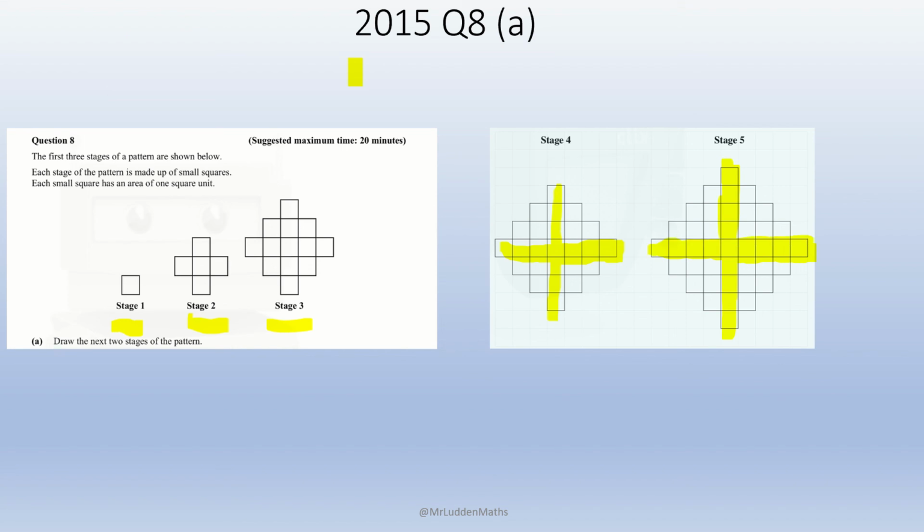Just be careful, because you're going up in steps here, you're going up in steps here, and I know it doesn't look good, but you're going up in steps in stage 1 as well. Make sure you go up in your steps here as well, and also here.